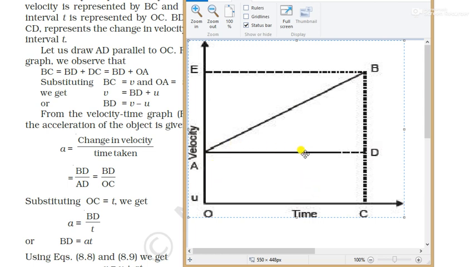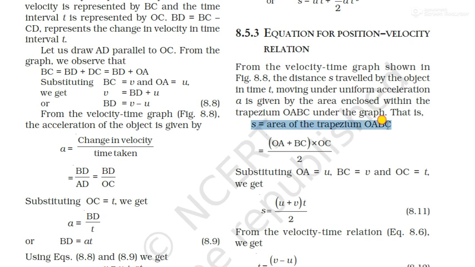No, we are going to use the formula of area of trapezium, which is half into sum of parallel sides into altitude. Half, 1 by 2, sum of parallel sides, here AO and BC are parallel, so AO plus BC into height, and we can write OC as the height.